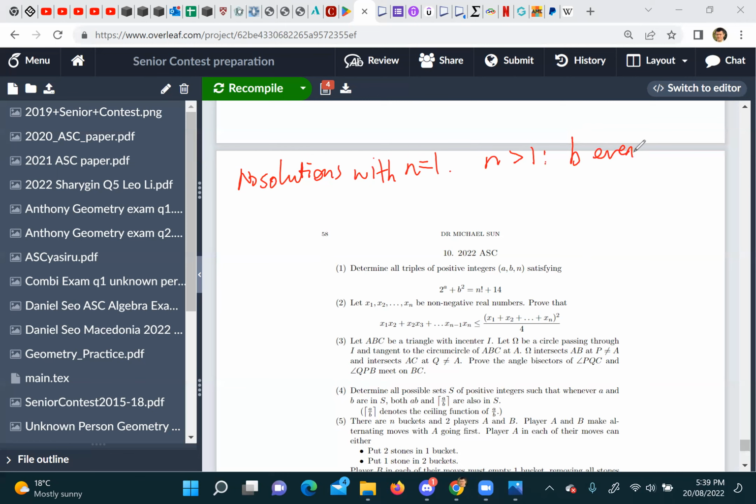You've got a square, a power of 2, and a factorial. What a craziness.